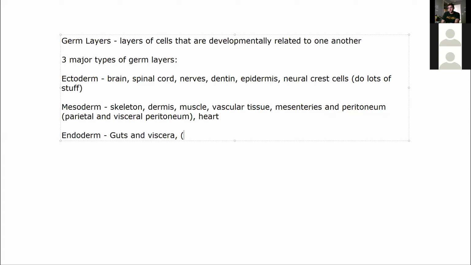So things like your lungs, intestines, esophagus, trachea, mouth, or oral epithelia.